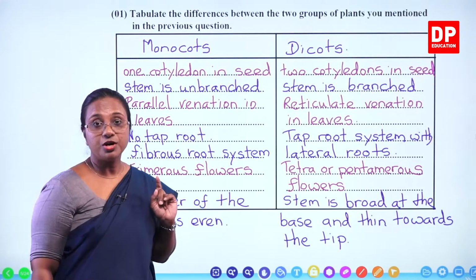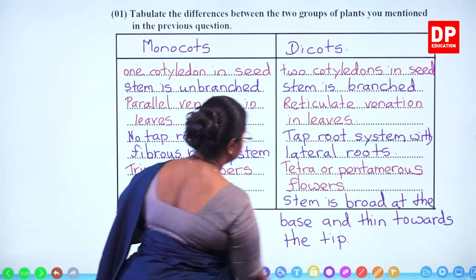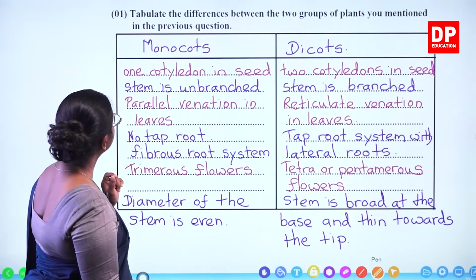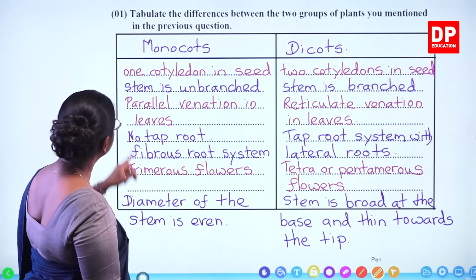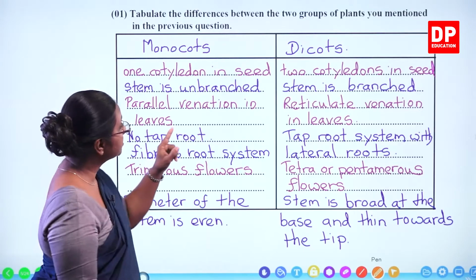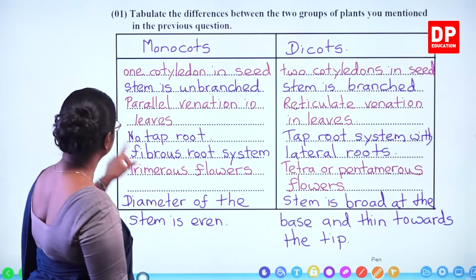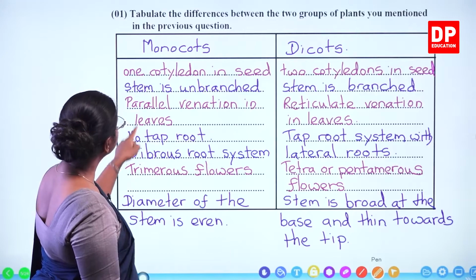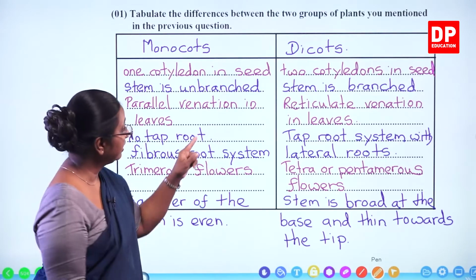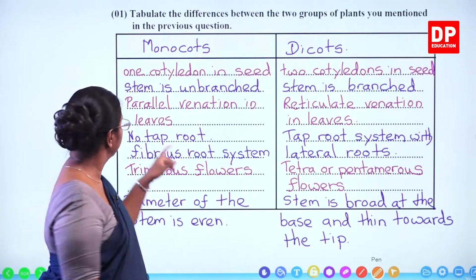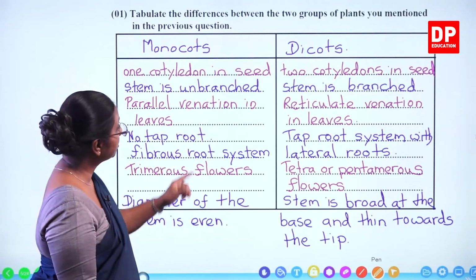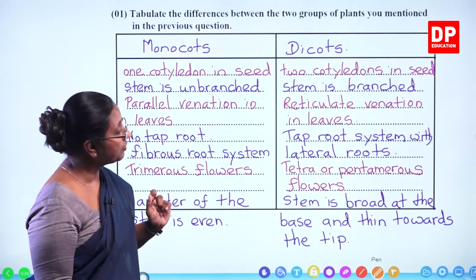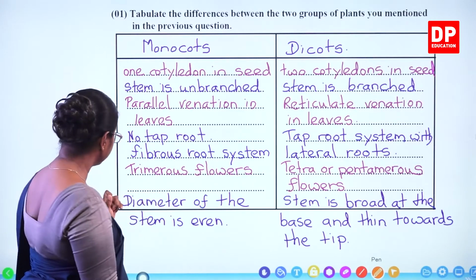We have the monocots and the dicots. So monocots, 1 cotyledon in seed, dicots, 2 cotyledons in seed. Monocot stem is unbranched, dicot stem is branched. Parallel venation in leaves for monocots, reticulate venation in leaves for dicots. No taproot, fibrous root system is present in monocots. Dicots have a taproot system with lateral roots.